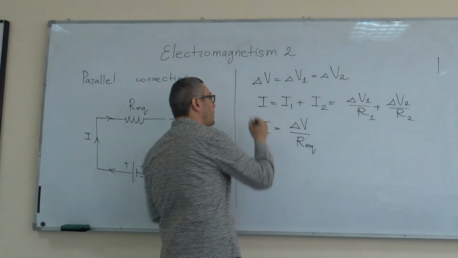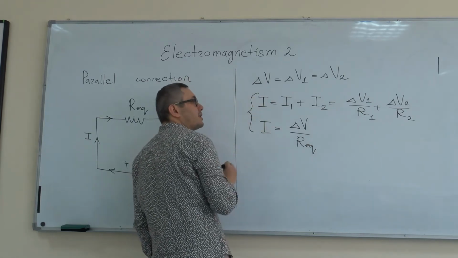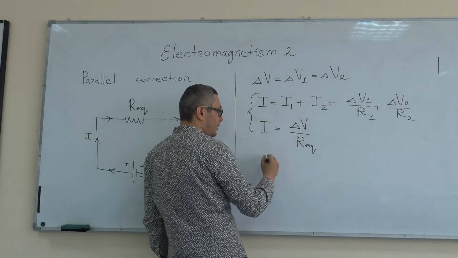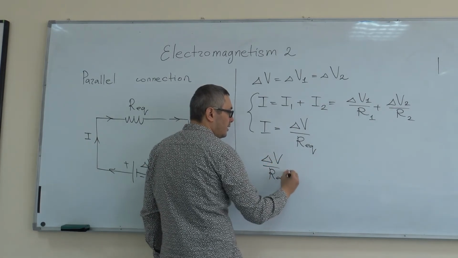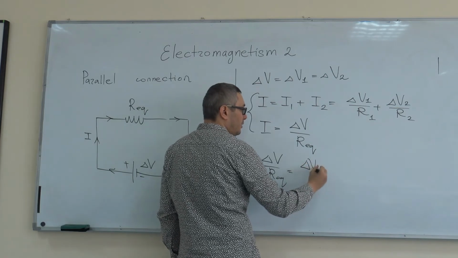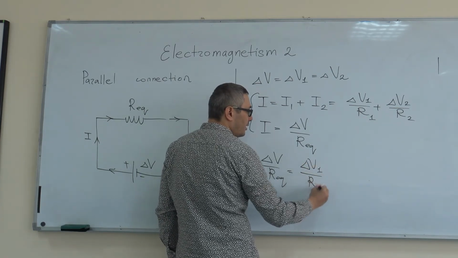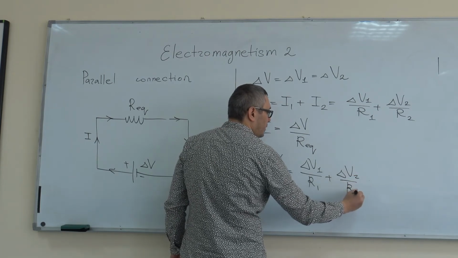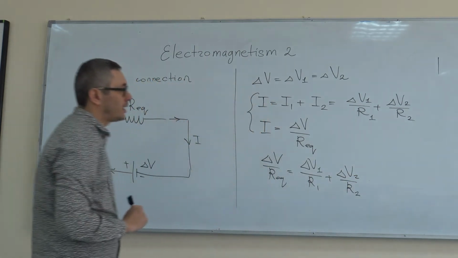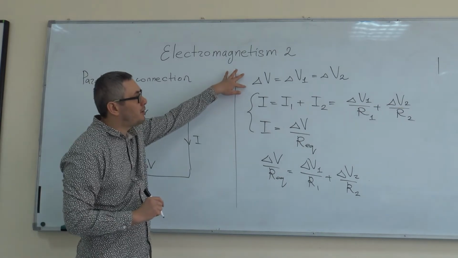And now all we need to do is combine these two results. So we can see that delta V over R equivalent is equal to delta V1 over R1 plus delta V2 over R2. But now, remember what we said about the delta V's?